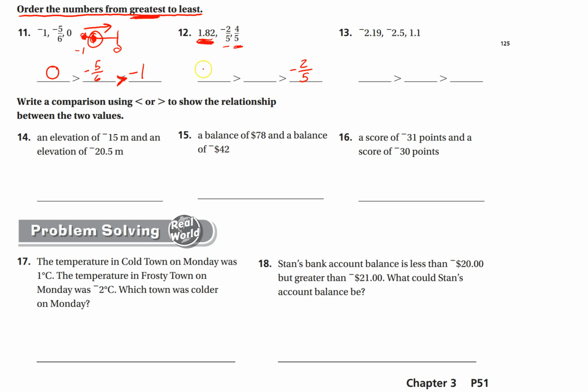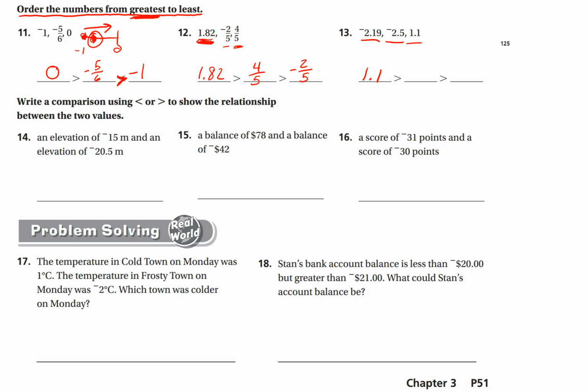So I automatically know 1.82 is going to be my largest number, and 4/5 is going to be my second largest. Okay, I'll let you complete number 13 on your own. I will mention it does have two negative numbers and one positive. So of course your positive number is going to be your biggest number, and I'll let you go from there.